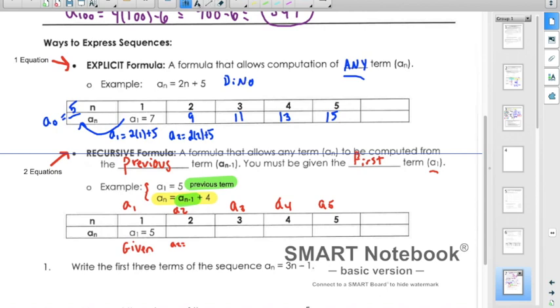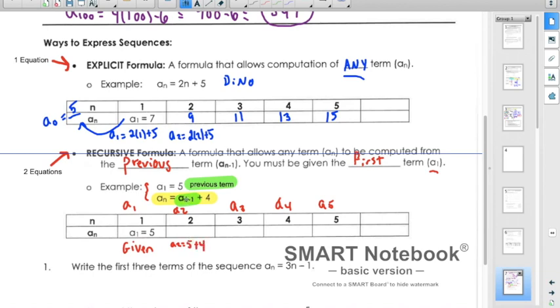So, let's go back to pen. I want to find the second term in this sequence. What I'm doing is I'm taking my previous term, which was a sub 1, which is 5, and I'm adding 4 to it. So I'm really doing 5 plus 4, right?